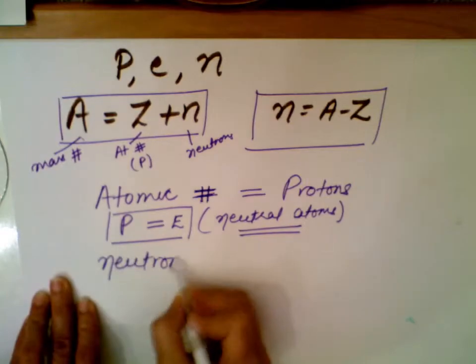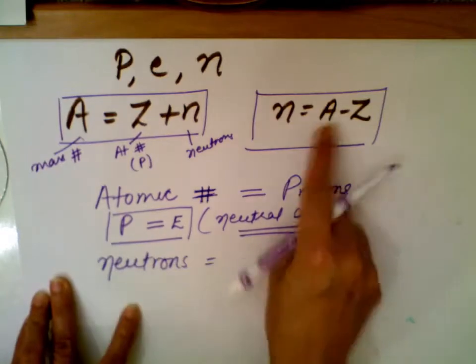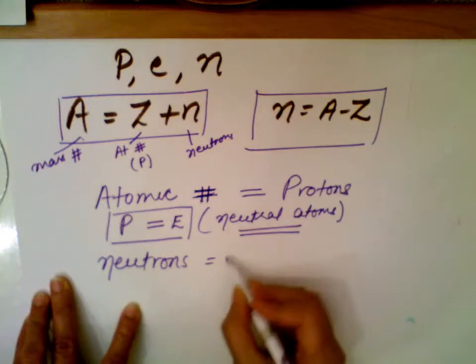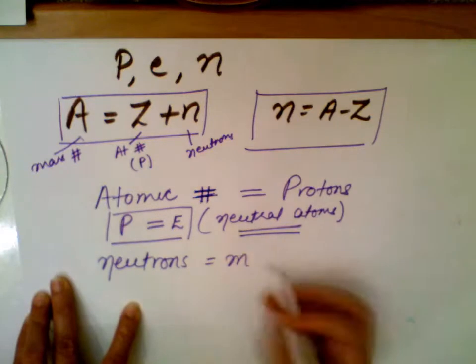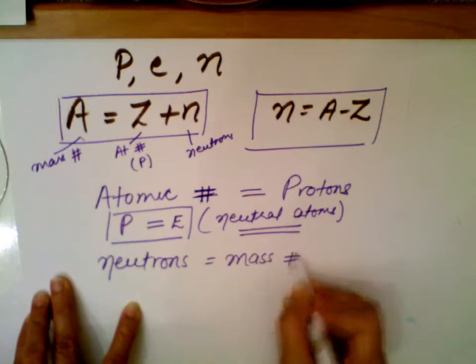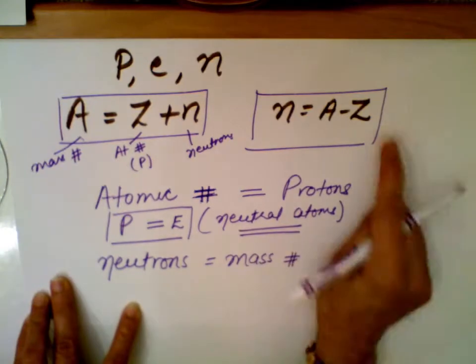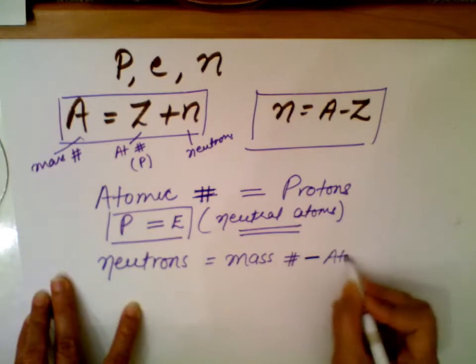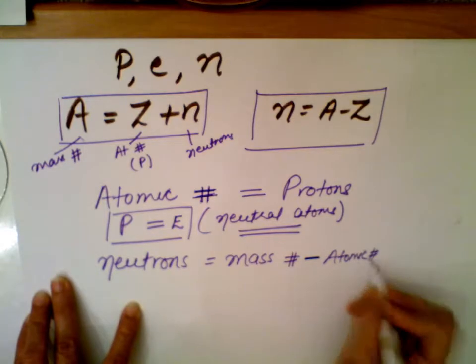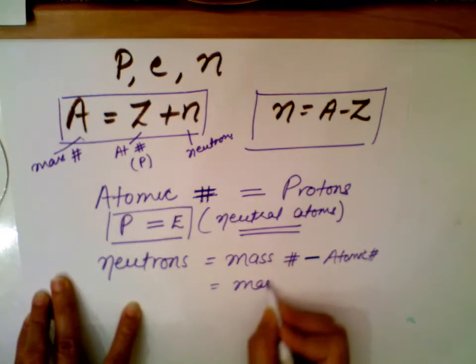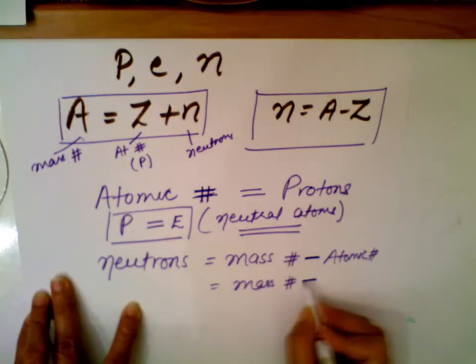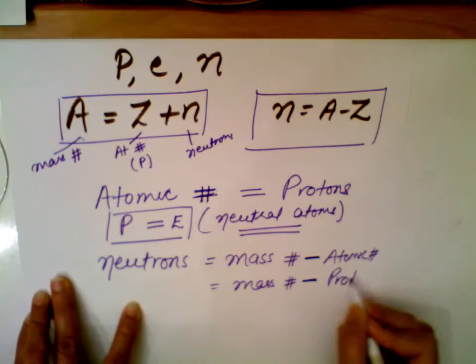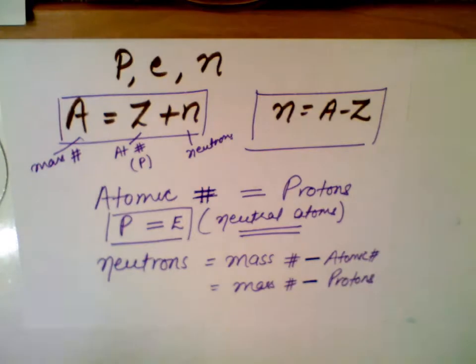Neutrons is, as we said, A minus Z, and our A is the mass number and Z is the atomic number, so mass number minus atomic number, or you can say mass number minus protons. Either one is okay. It's the same thing.